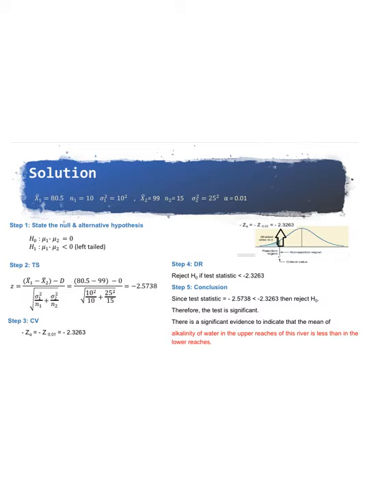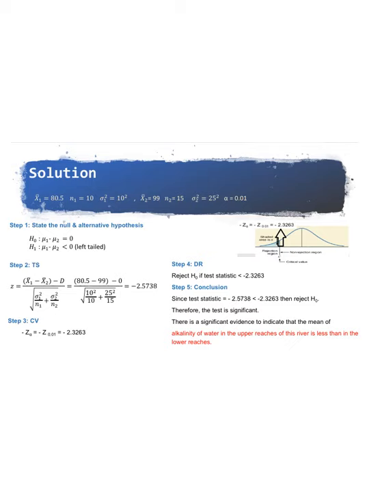Okay, so step number 3, state your critical value. So since this one is the left tail, our critical value is negative z alpha. You don't have to divide alpha by 2 because this one is left tail. So alpha is 0.01. So you should look into the z table. Negative z 0.01 equals negative 2.3263.